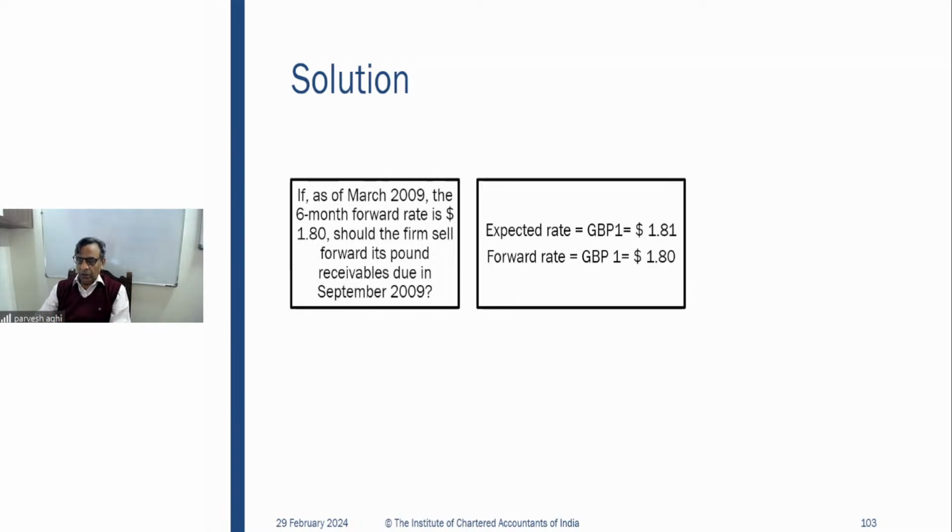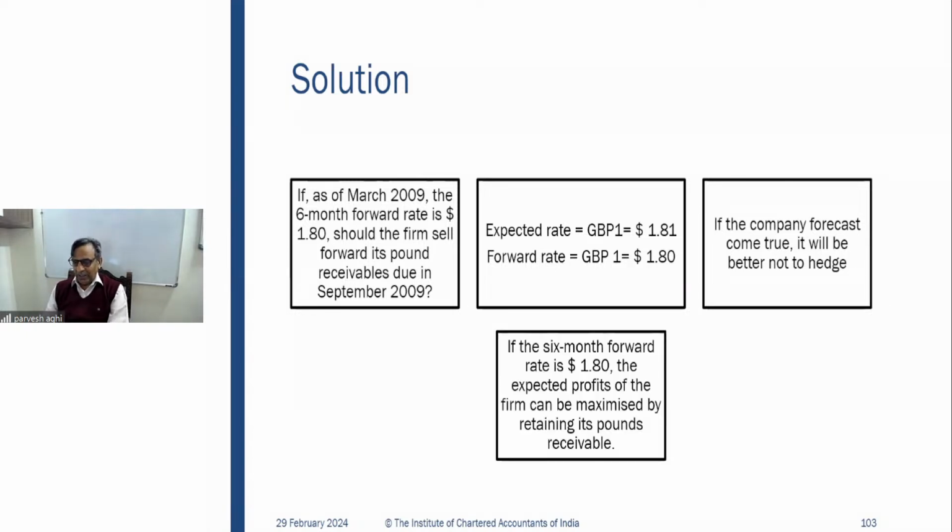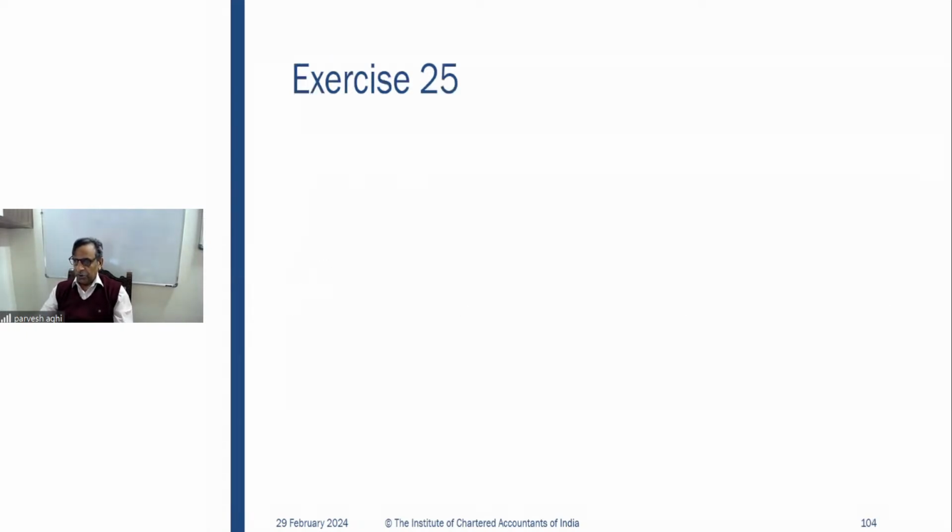So now the expected rate is basically 1.81, whereas the forward rate is 1.80. So we calculated the expected rate and the forward rate. If the company's forecasts come true, it will be better not to hedge. If they are very confident that the expected rate will prevail, then it will be better that they don't hedge themselves. Okay, so this is the question.